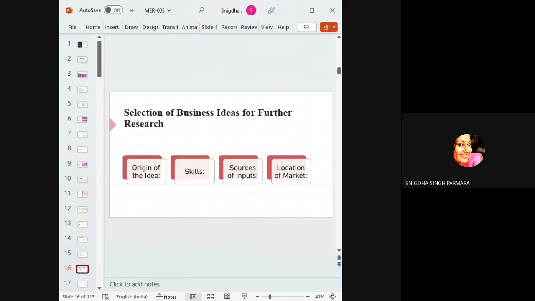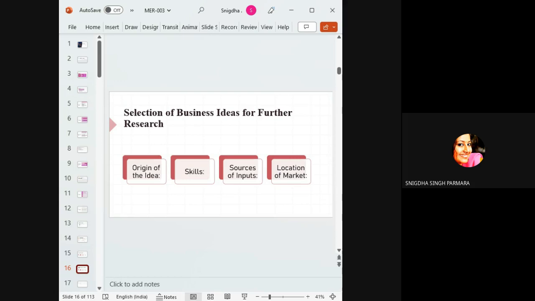What could be the sources of inputs for the products that are being produced, available locally or at markets close by, so that women do not have to travel long distances to acquire these inputs. So planning and organizing purchase of raw material could become an easier task for them.